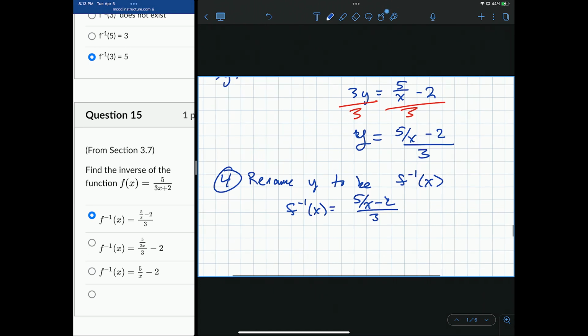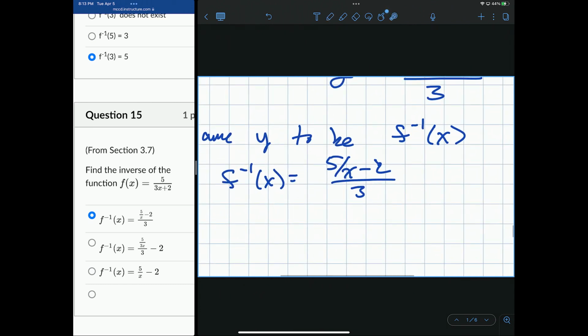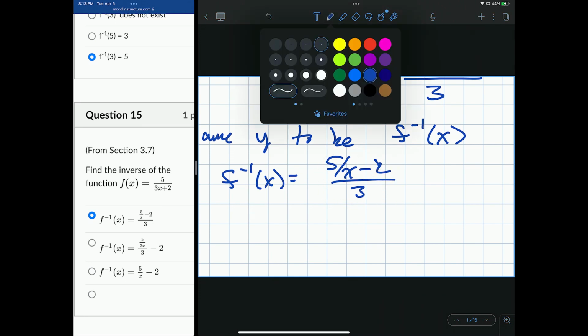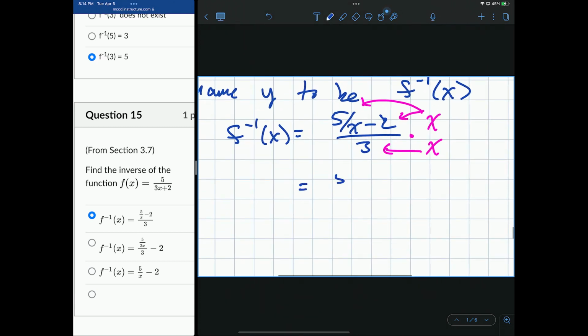But also, you could see this answer a different way, because we don't like having a fraction in our fraction. The way to fix it would be to multiply the top by x and then the bottom by x. When you distribute that, multiplying everything by x, you would get 5 over x times x minus 2 times x over 3 times x, everything multiplied by x.